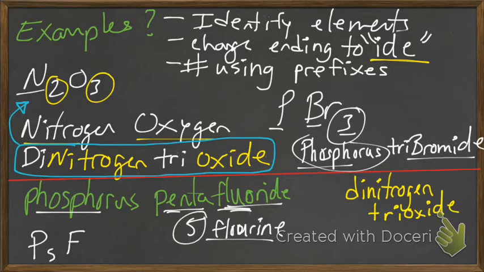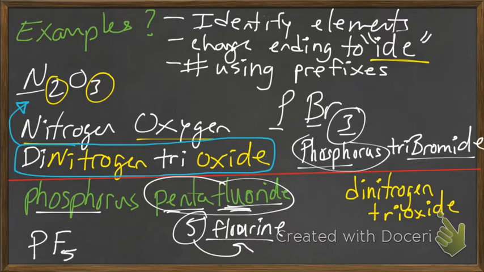I can either put the 5 here or the 5 here. But because I know it's pentafluoride and it means I have 5 fluorine, I want to put the 5 here. That's where the subscript belongs. And I'm just going to move this over so it looks a bit more appropriate. So there's my answer for that.